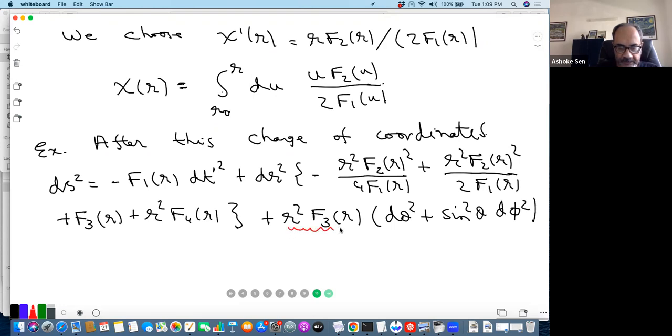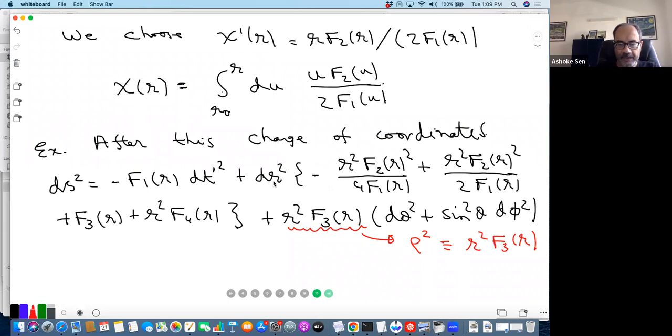This combination r square f3 of r, I'll call this rho square. And now r is a function of rho.